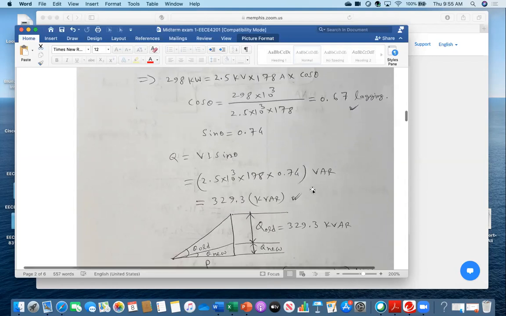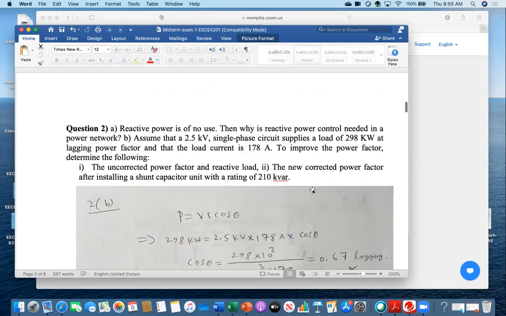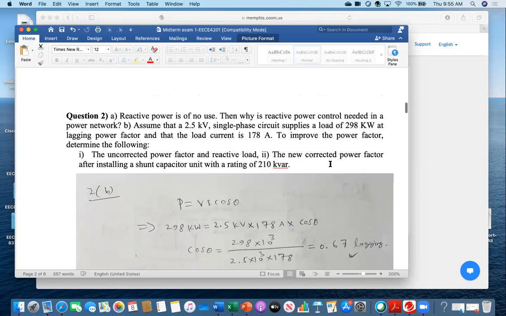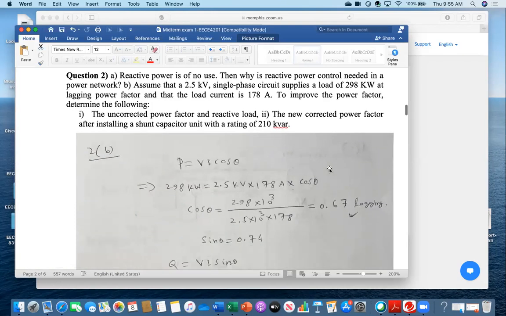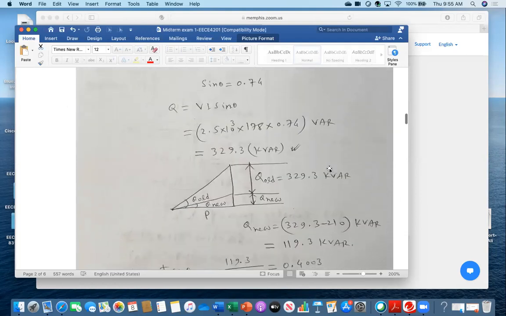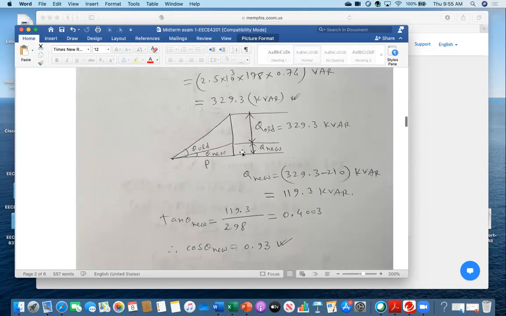And then the next question is, what is the new corrected power factor after installing a shunt capacitor unit with a rating of 210 kilovar? This means this is the improved power factor or new power factor. You might not show this power triangle, but what is your Q new?